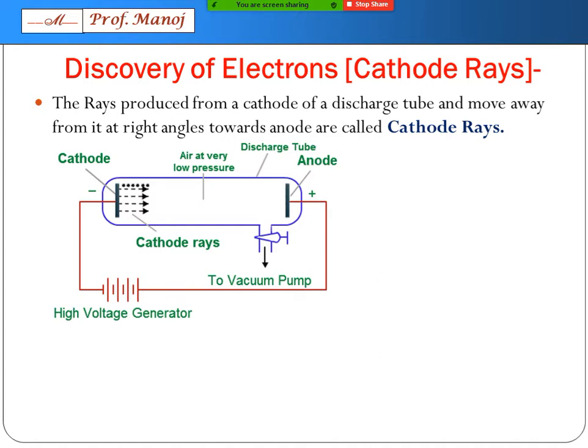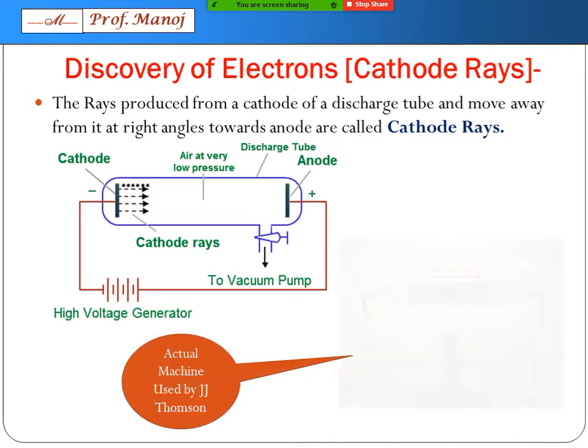The one connected to the negative terminal is called the cathode, and the one connected to the positive terminal is the anode. In this tube, gas or air is filled at extremely low pressure. Now, very high voltage is supplied between these two electrodes such that cathode rays are produced from the cathode and travel in a straight line towards the anode.